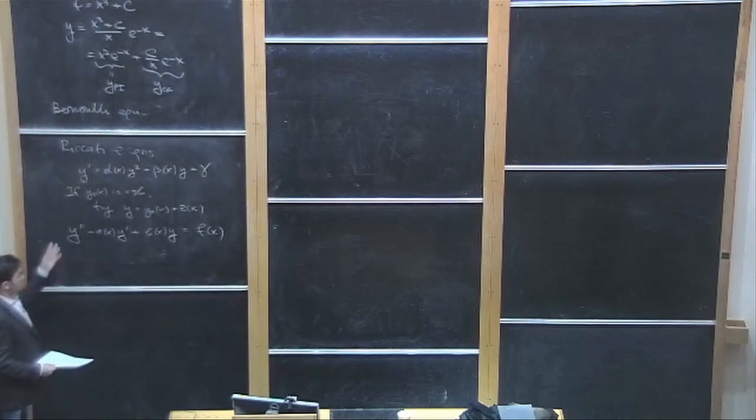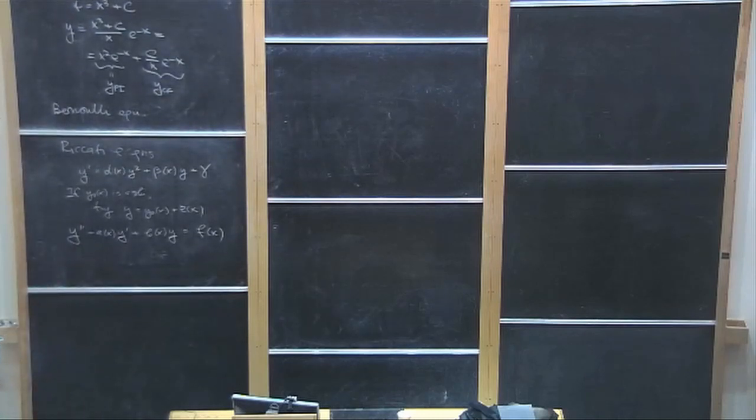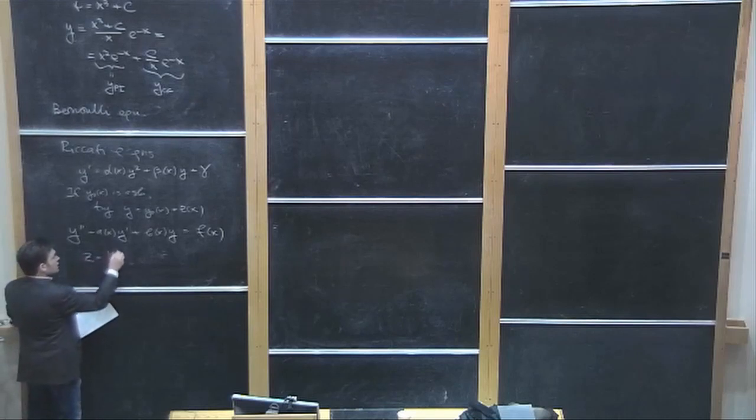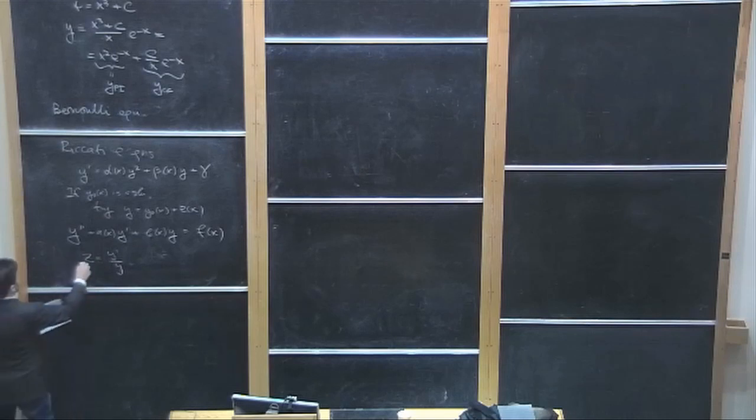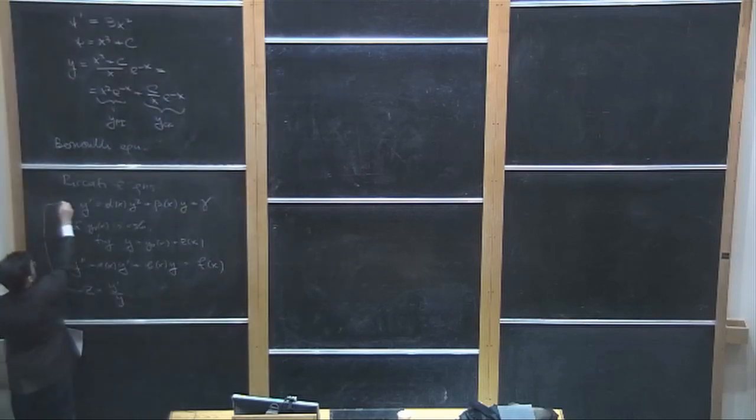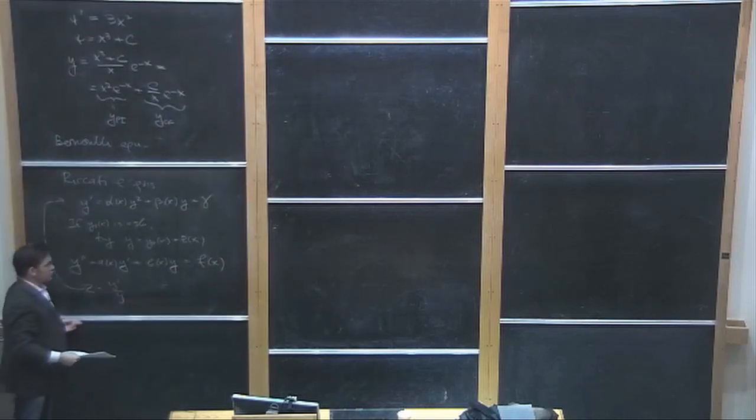So this is a second-order linear equation. By the substitution z equals y prime over y, it reduces to a Riccati equation. You can check this on your own.